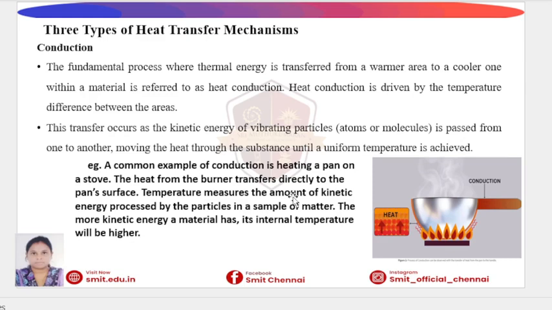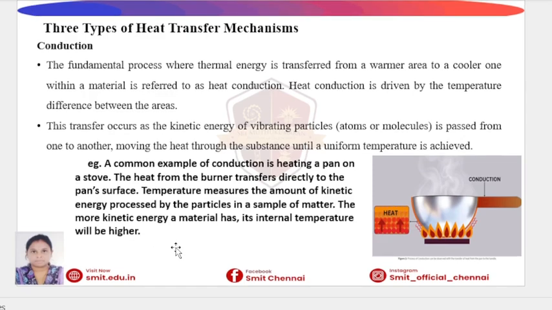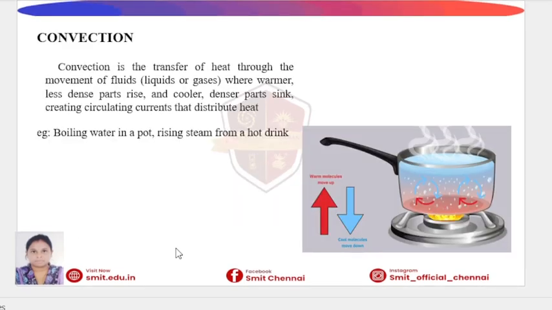A common example of conduction is heating a pan on a stove. The heat from a burner is transferred directly to the pan surface. Temperature measures the amount of kinetic energy possessed by particles in a sample of matter. The more kinetic energy a material has, the higher its internal temperature will be. Next one is convection.